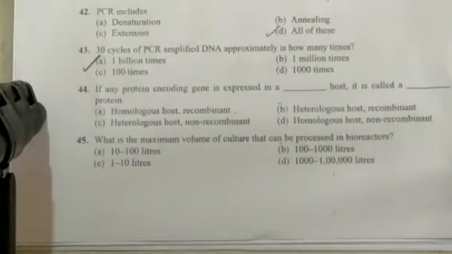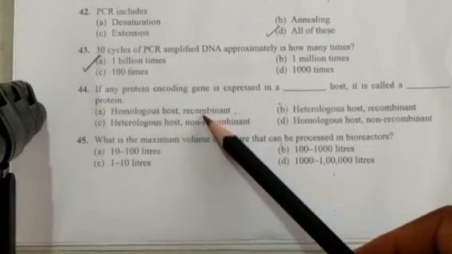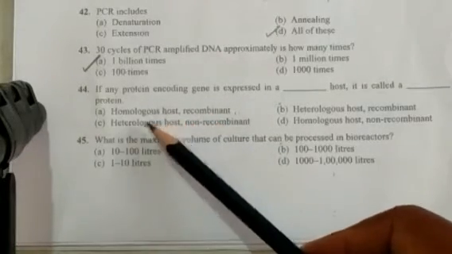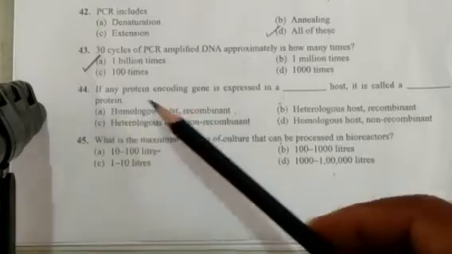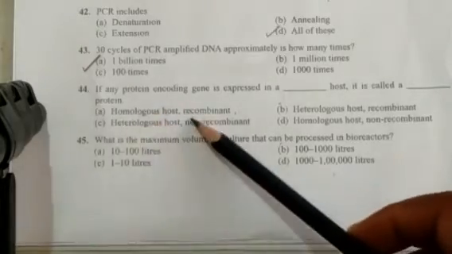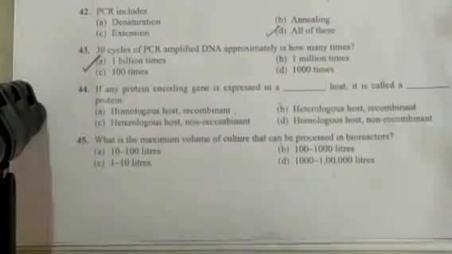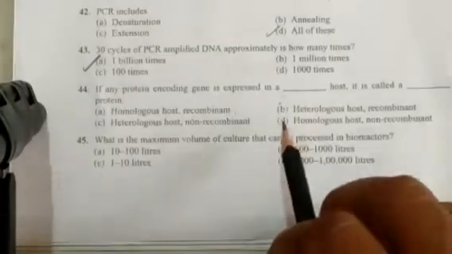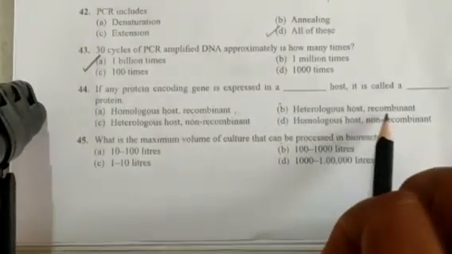Next, if any protein encoding gene is expressed in a dash host, it is called a dash protein. Homologous host, recombinant: when it is homologous, we don't come across recombinant. These two words are contrary to each other. Homologous is similar, whereas recombinant is dissimilar and recombining, so that cannot be the option. Next, option B, heterologous host and recombinant.